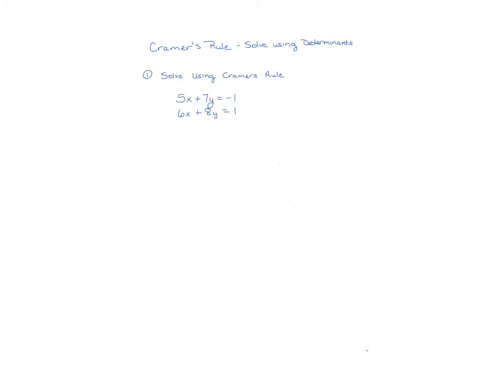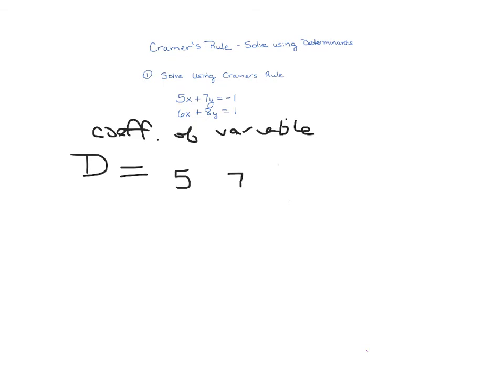The first one that I'm going to set up, I am going to call this letter D. And in my determinant, I'm only going to use the coefficients of the variables. So the numbers I'm going to put in for D are 5 and 7, 6 and 8.